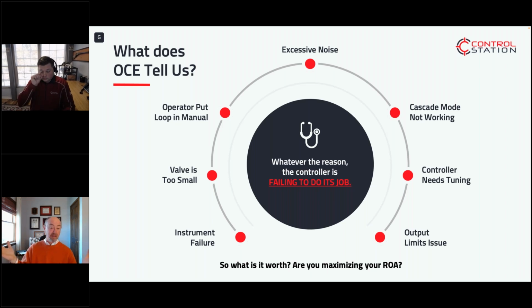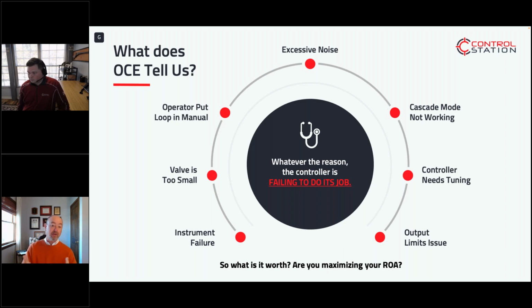But that's a lot of money to pay to have something not do its job. You wouldn't pay $50,000 for a car and have it sit in the parking lot and never drive, right? But that's what happens if you leave a loop in manual. It's like paying for the car and then leaving it in the parking lot and never driving it.